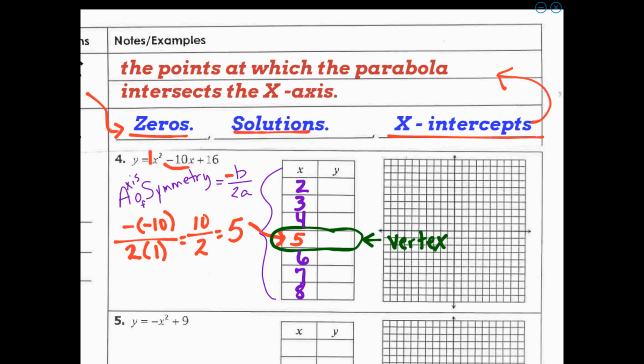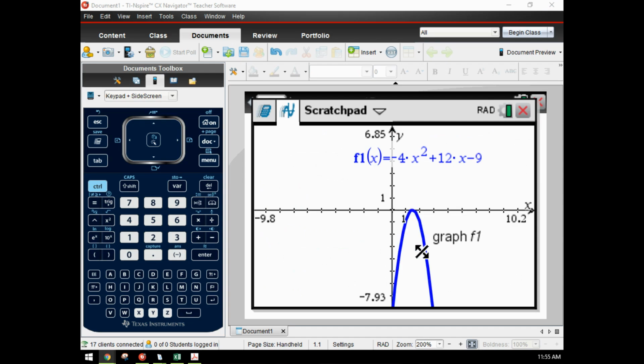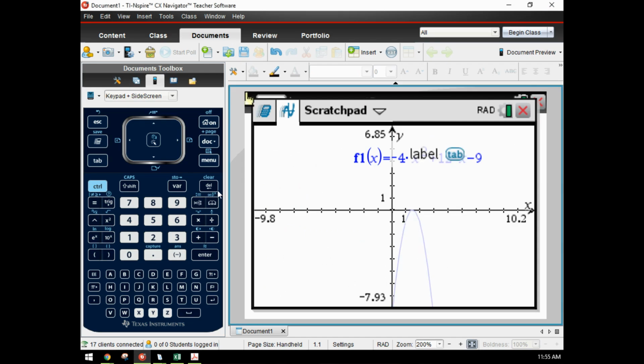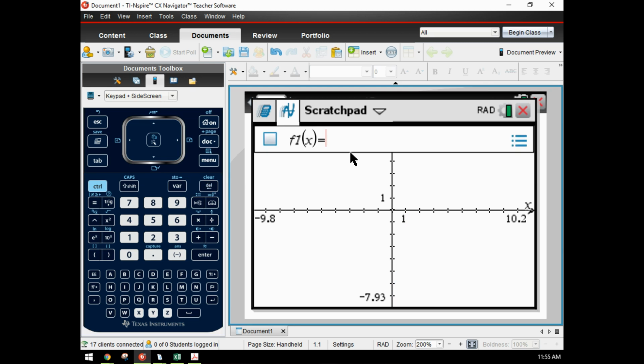So now, graph this equation in your calculator. So we've got x squared minus 10x plus 16.